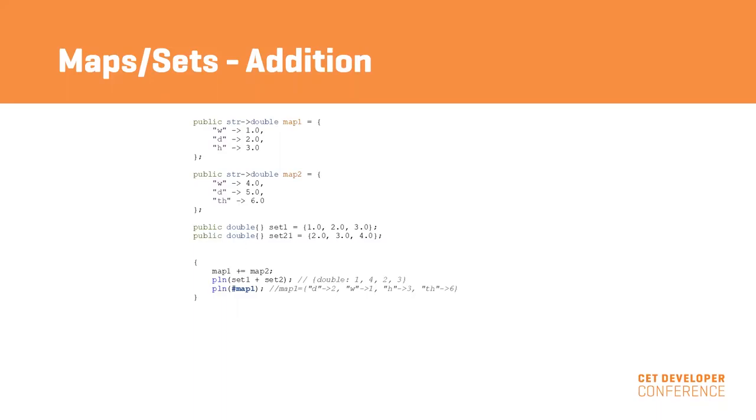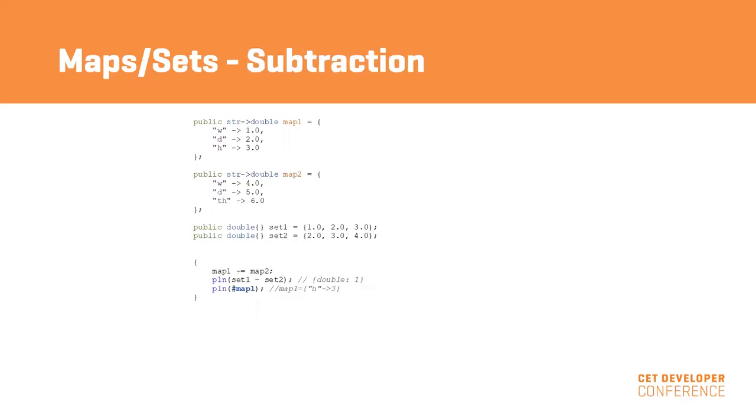Map 1 is my left, so those values will take priority. So even though width and depth exist in both maps, map 1's values will take priority because it is the left map. And then it will add thickness to map 1.